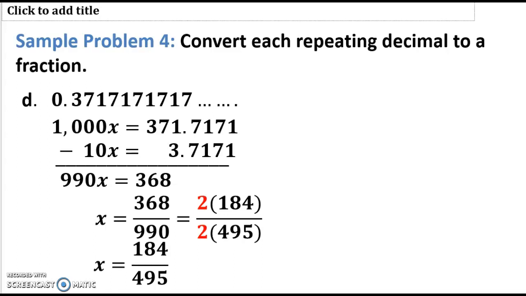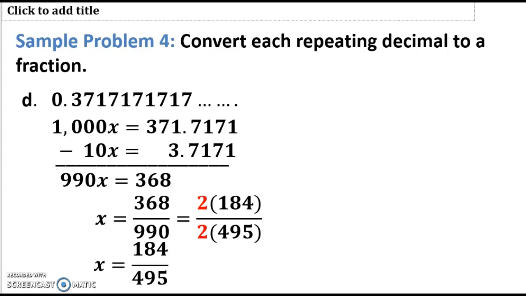So in that case, notice what I had to do. x has to represent the repeating part. So I had to multiply by 10 so that I could get the repeating part. When I multiplied by 10, I got 7171 as the repeating part. Then I had to multiply by 1000. Again, you've got to get the repeating part to cancel out. Now, when I did that and subtracted, you see how the 7171, 7171, and so on canceled out.